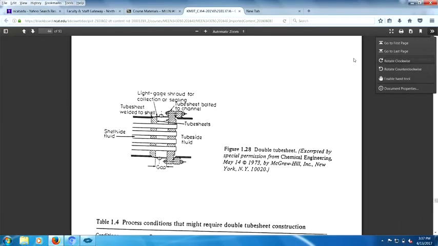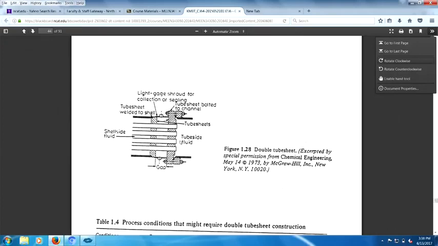Double tube sheet. Now then, you have obviously the shell side and the tube side. You have one tube sheet here. The tubes had to go through that tube sheet, and this is a really great joint in here, welded or whatever. And then you got to do that with this other tube sheet.